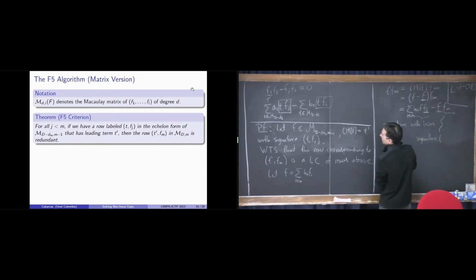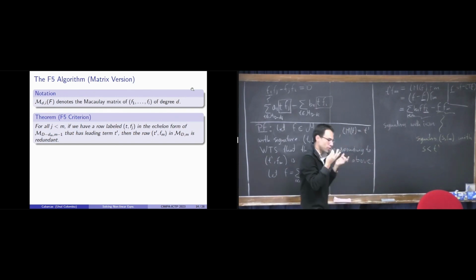Here we get signatures. I ran out of letters. S, F, M. In this case, we got the same M, but we have S strictly less than T prime. In both cases, we're talking about rows that are above the row of T prime Fm.